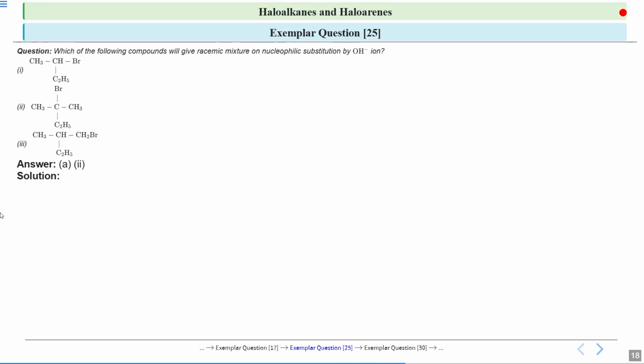So for this question, your correct answer is option A, that is the second compound. Only the second compound will give a racemic mixture on the nucleophilic substitution reaction.